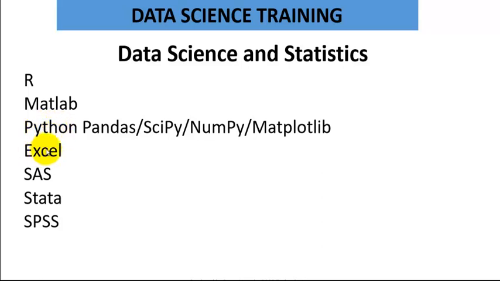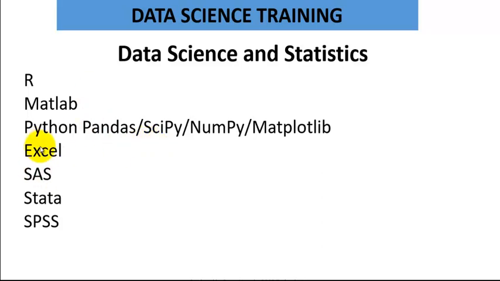But what of Microsoft Excel? Microsoft Excel is for basic statistical analysis. So somebody who knows Excel and somebody who knows Python, Pandas, and so on, they are not the same. Because when you are using data science tools like Pandas, SciPy, NumPy, Matplotlib, Keras, sklearn, they do things that are far beyond what Excel can do.